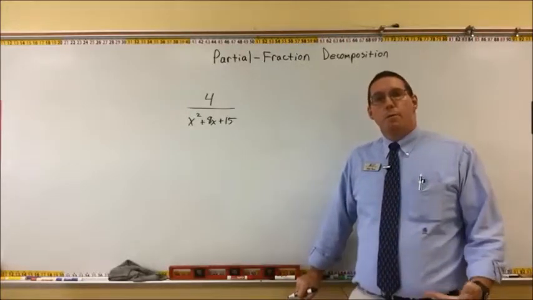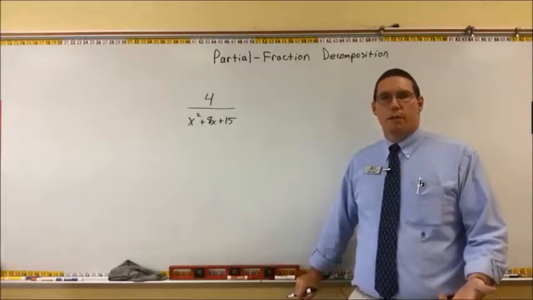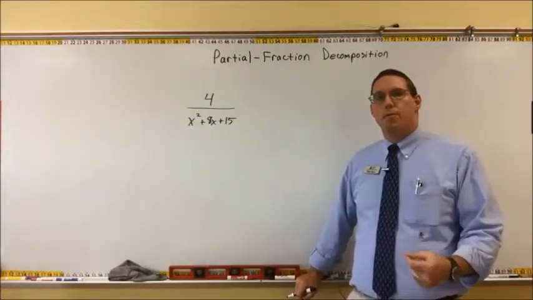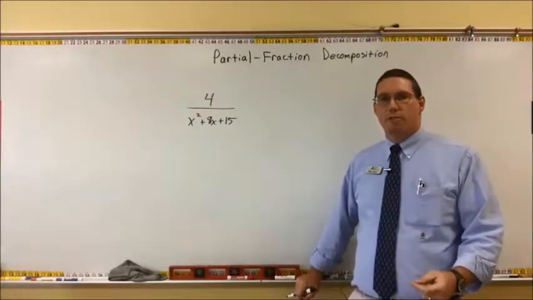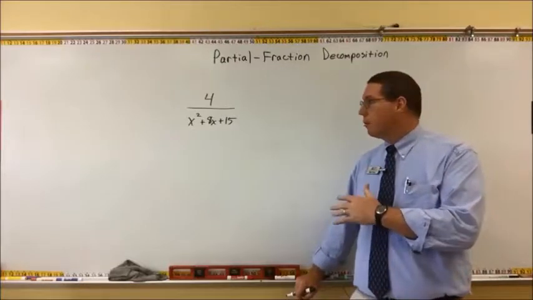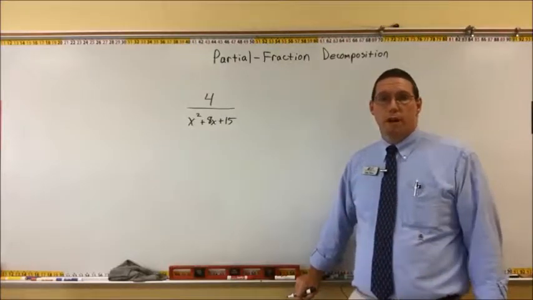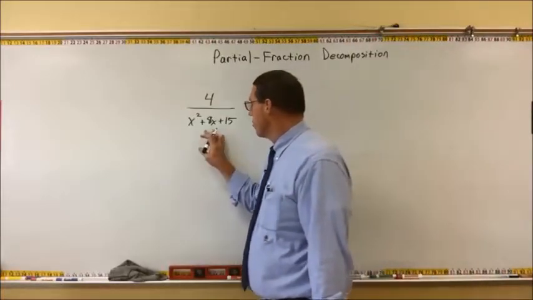Now, it is very important that you understand the first requirement for partial fraction decomposition is that the denominator must be factorable. If the denominator is not factorable, it may not qualify for partial fraction decomposition. But here's the basic idea.